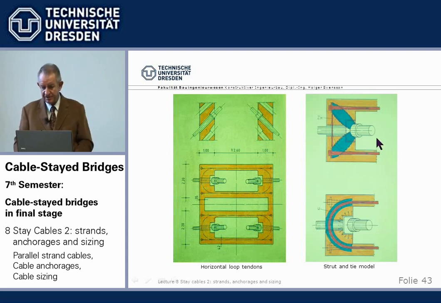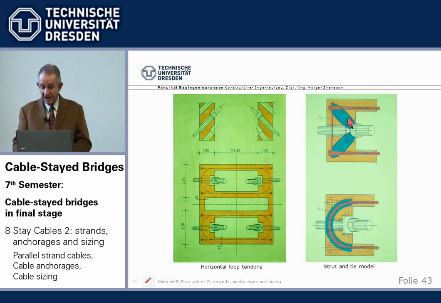And for the force transfer, in the classical strut and tie model, we can think of the following. Half of the forces goes in direct compression into the end anchorages of the tendons. It cannot, so to say, slide off. The concrete cannot go away because we have here end anchors of the tendons.